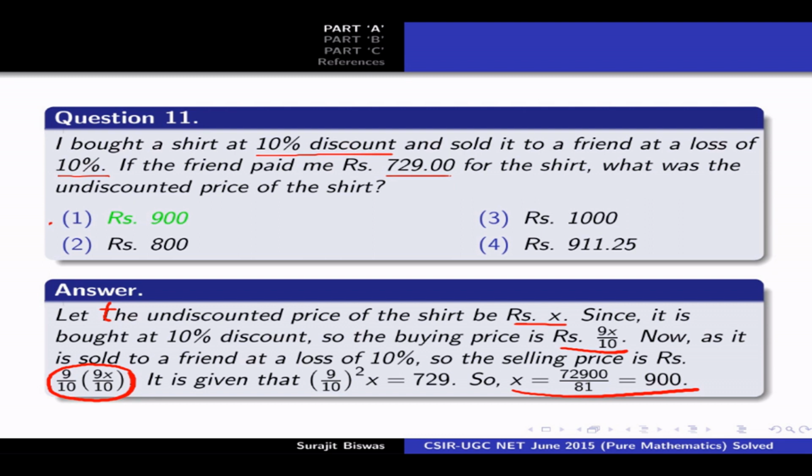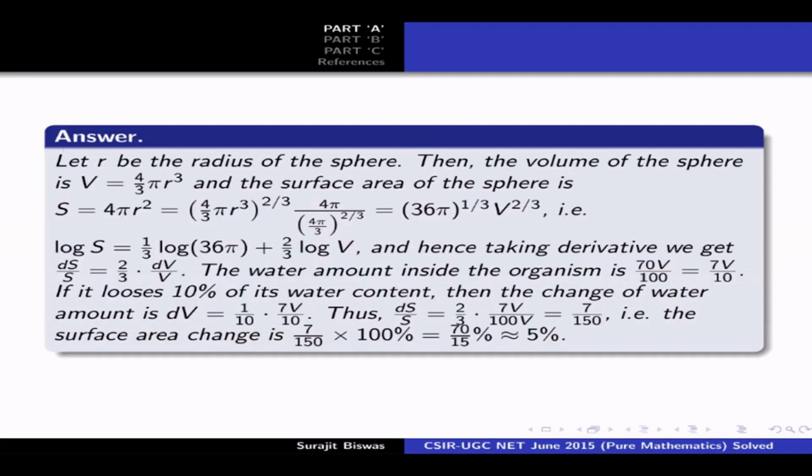So first we need to get the relation between volume and surface area. Let r be the radius of the sphere.